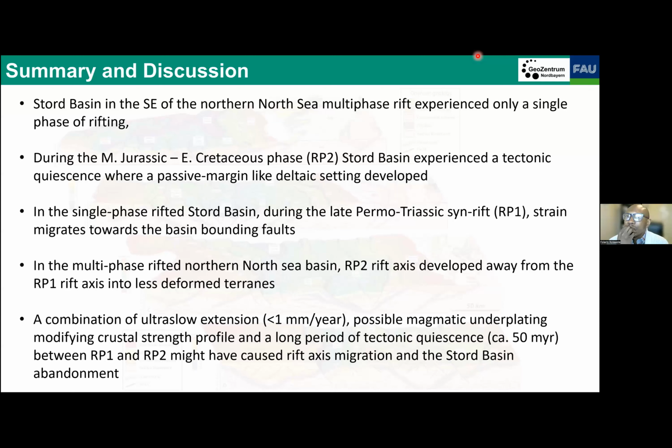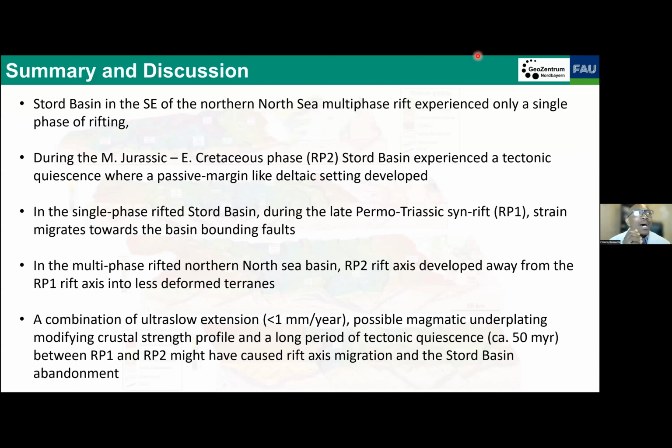You have both the South Viking graben active at the same time, during RP1, with the Stord Basin, and you could also have had underplating beneath the Viking graben, right? But then for some reason, only one was abandoned. Can you shed more light on that?